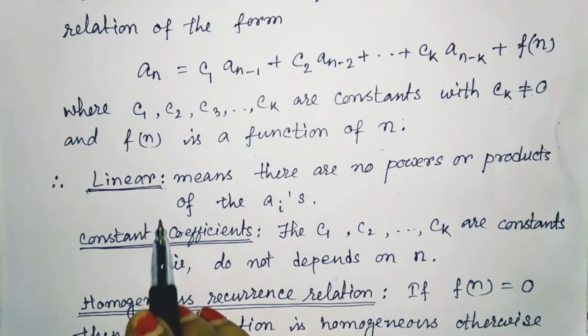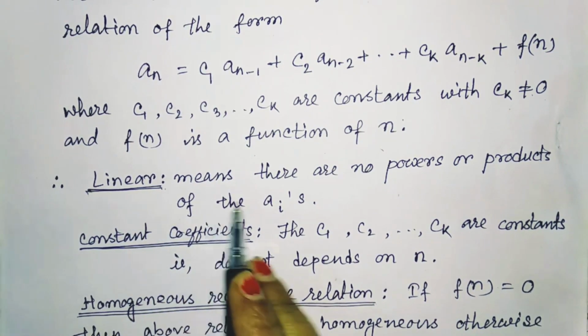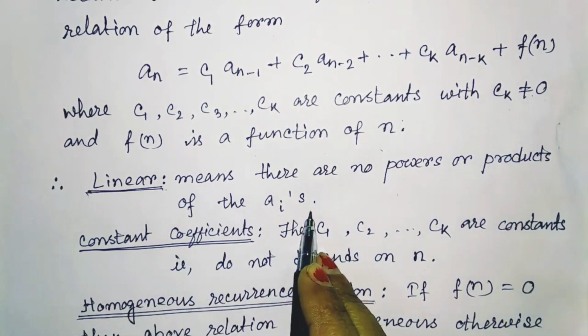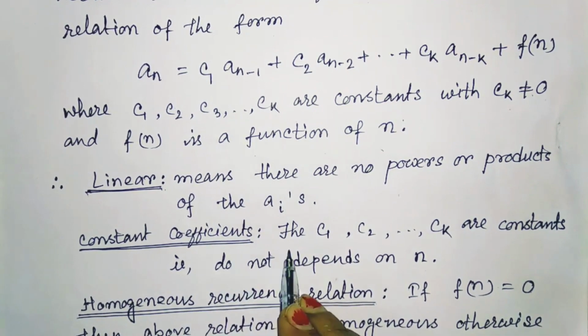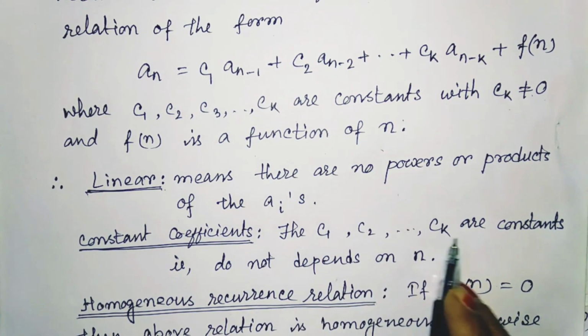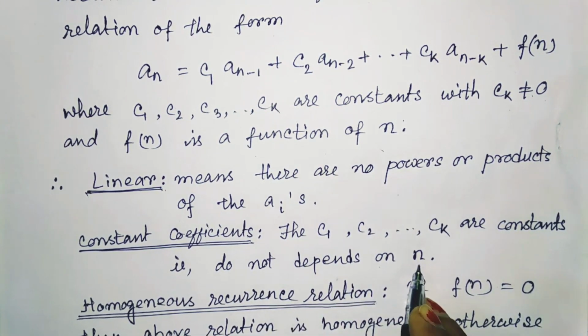Now first of all, let us know what is linear. Linear means there are no powers or products of the ai's. Constant coefficient means the constants c1, c2, up to ck are all constants and not dependent on n.